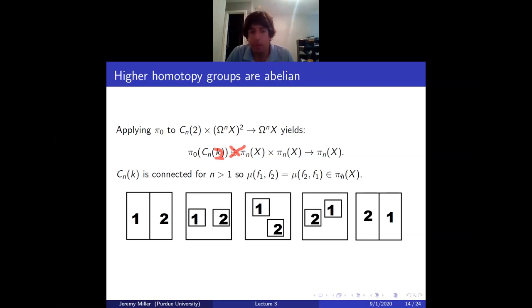So the space of all multiplications is connected once n is at least 2. The space of multiplications contains regular multiplication and multiplication in the opposite order, so those two things are the same after taking homotopy.